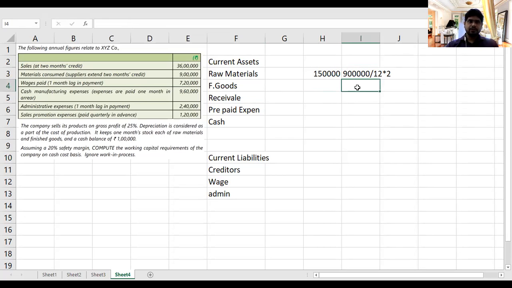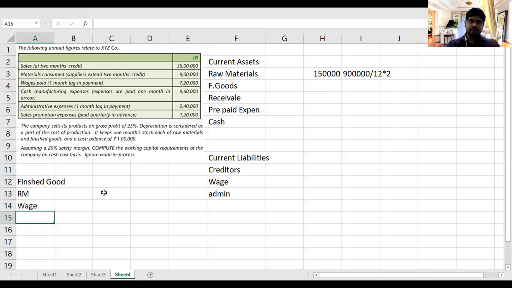So we have to find the cost of the finished goods, right? And we have to do a working on this. Value of finished goods. Finished goods consist of what? What are the cost elements? Raw material, and here wage, labor charge, and are there any overheads?